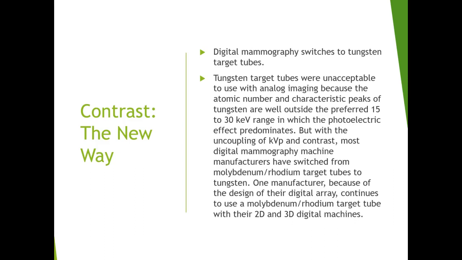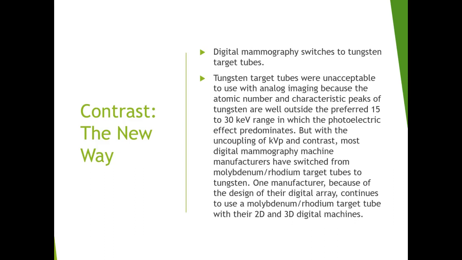Now, with the development of digital mammography, we've switched to the tungsten target tubes. With analog, these tubes were unacceptable because of the atomic number, and the characteristic peaks of the tungsten were well outside the preferred kVp range in which the photoelectric effect predominated.